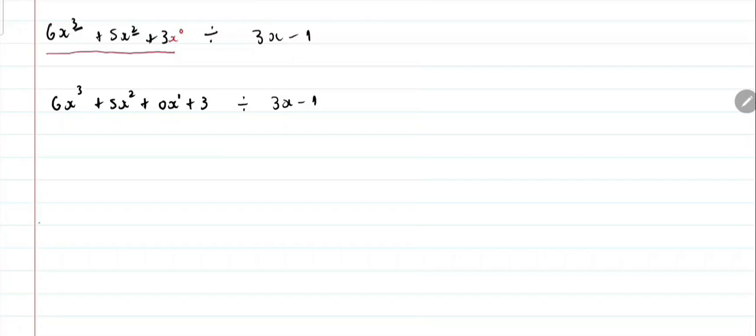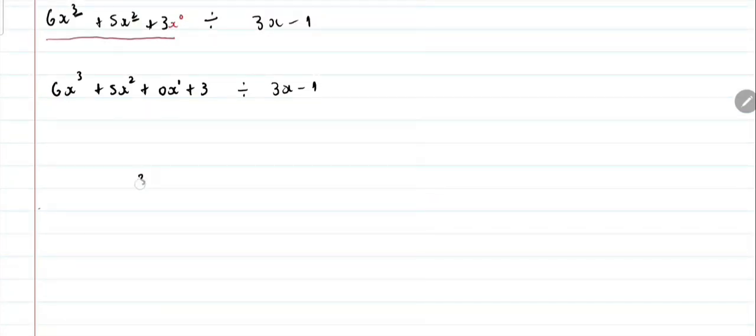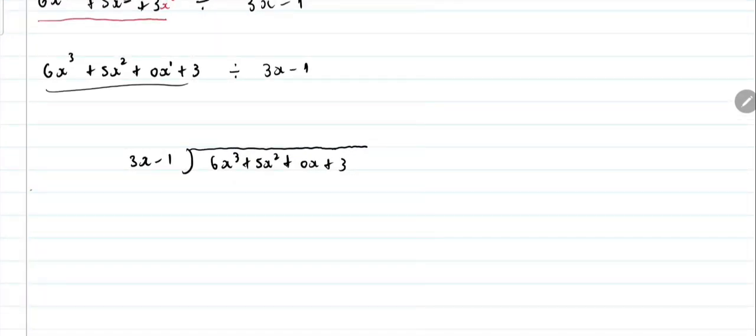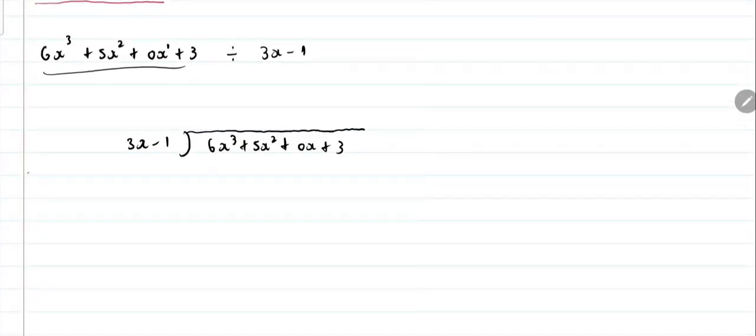And my divisor, well, you can look at it and see that it's in standard form. Right? So 3x minus 1 is a divisor, so we put it outside there. And the 6x cubed plus 5x squared plus 0x plus 3, I want that to be under that symbol, right? Now the first thing I do, divide. 6x cubed divided by 3x is going to give me 2x squared.